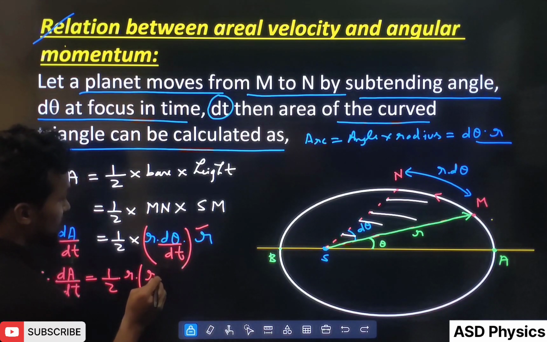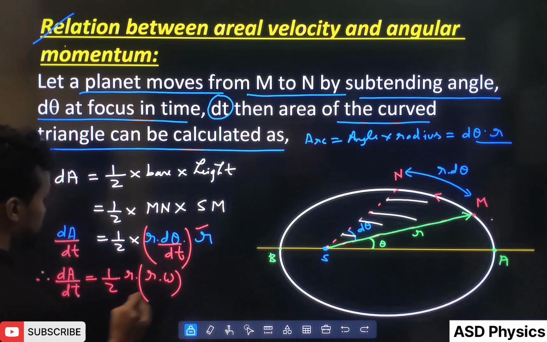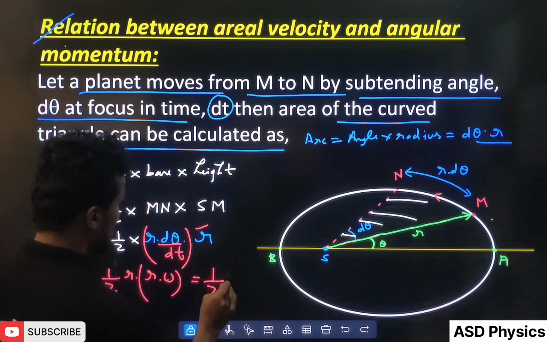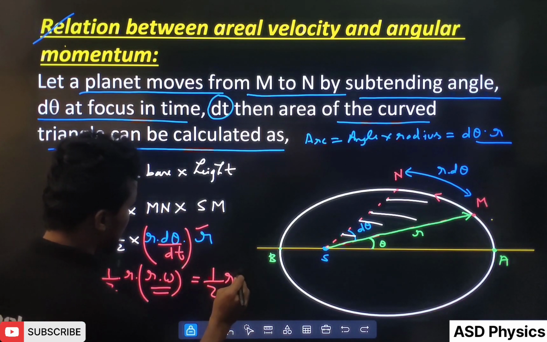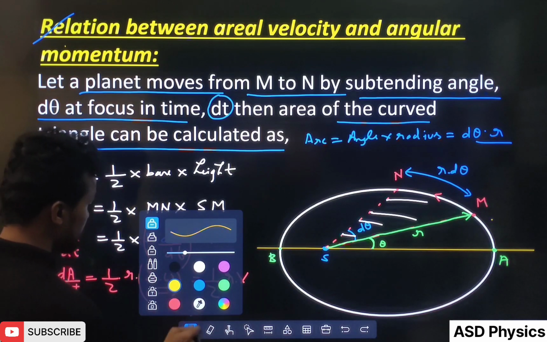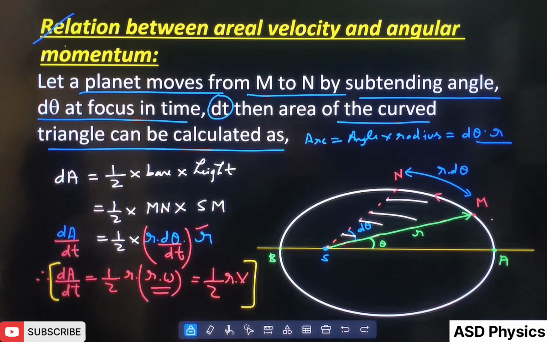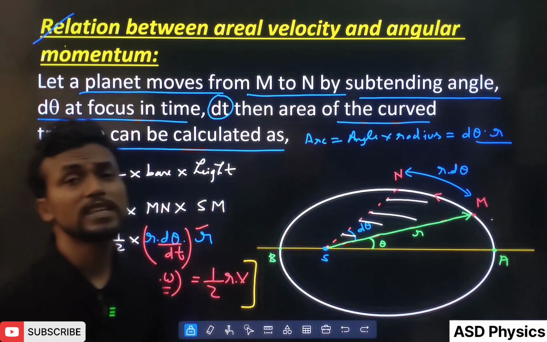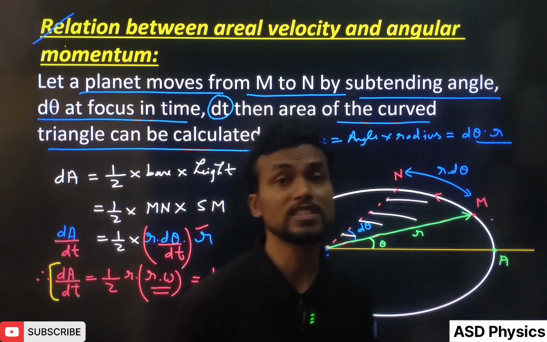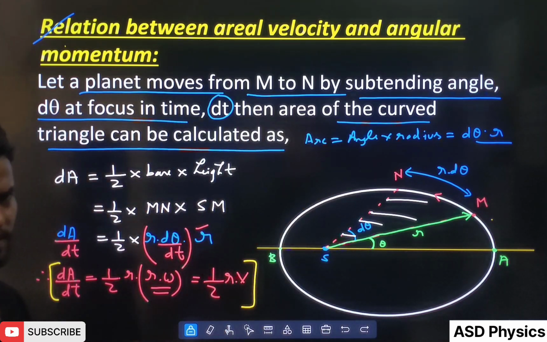What is d theta by dt? Omega. So we can write half r into r omega, which is v. That means dA by dt is equal to half rv. What is r? The distance of the planet from the sun. And what is v? v is the speed at different instants.